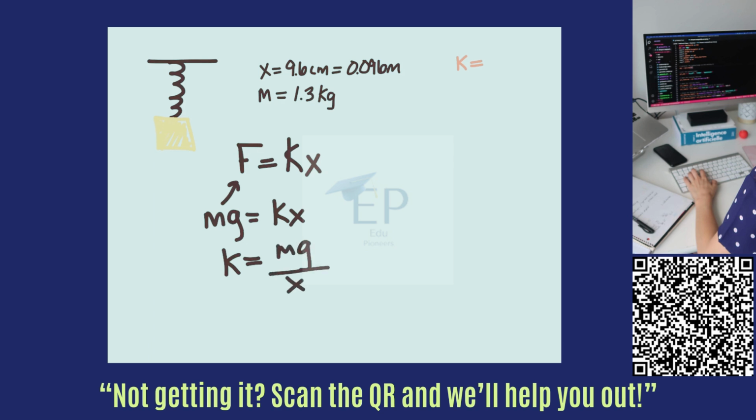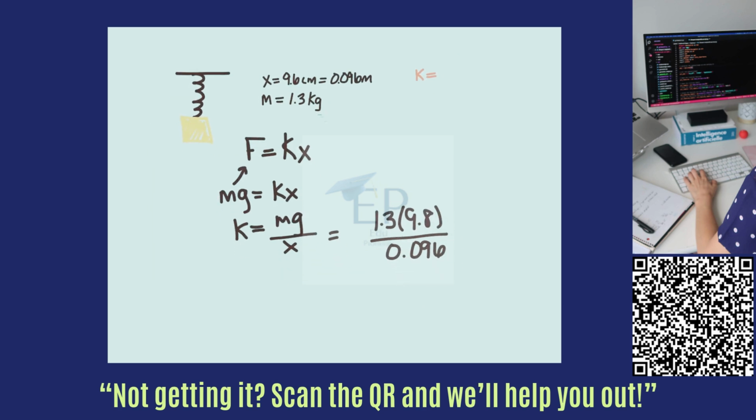We can now substitute in our known values: the mass is 1.3 kilograms, gravity is obviously 9.8 meters per second squared, and our displacement is 0.096 meters. So we end up with a spring constant that equals 1.33 times 10 to the second newtons per meter.